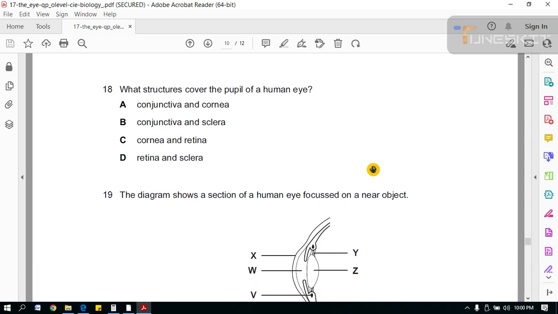So another question is, which structures cover the pupil of a human eye? Conjunctiva and cornea.